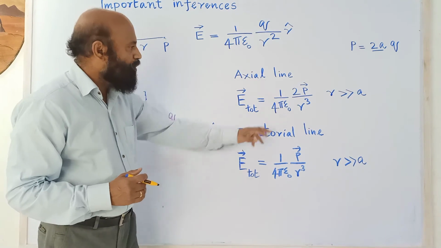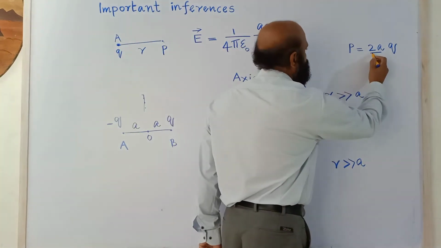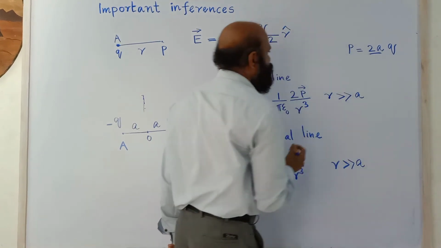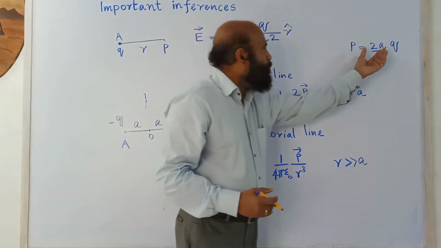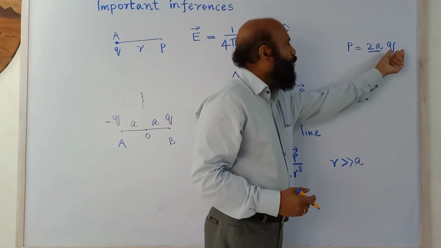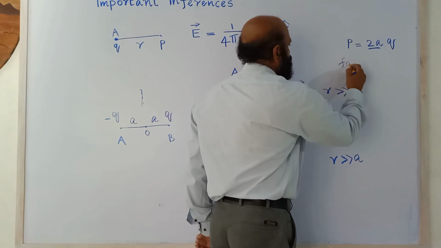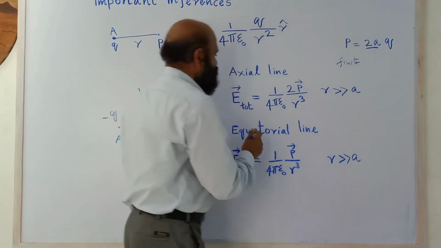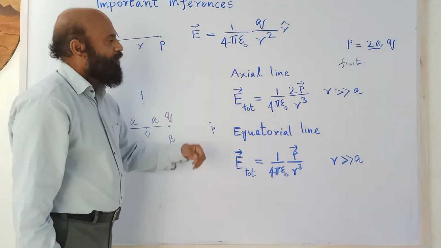Now this is valid only when r is very much greater than a. But one special case is there. Suppose 2a approaches 0 and q approaches infinity, but p is finite. In such cases, these two expressions are applicable for any distance.